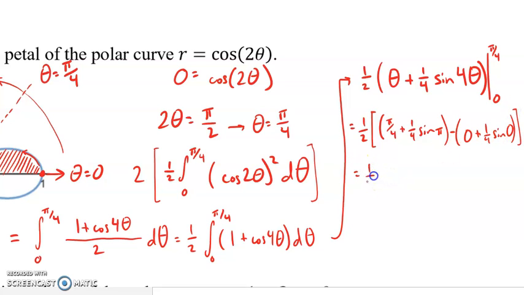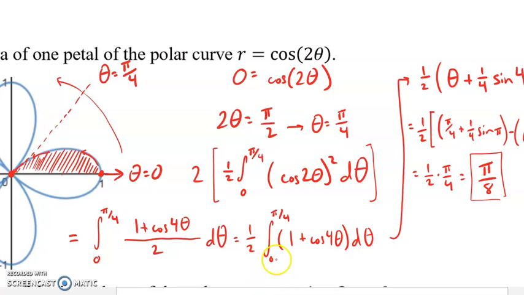All right, so lots of this goes away, because the sine of pi is 0, and sine of 0 is 0, and 0 is also 0. So the only thing that's non-zero here is this pi over 4. So our answer looks like pi over 8, the area of one full petal on this polar curve.